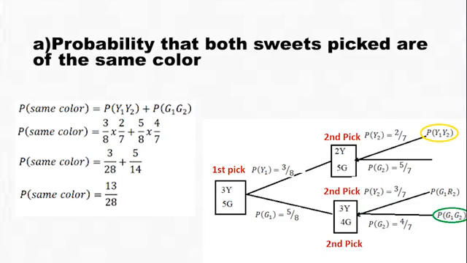Thus, the probability of picking the same color would be 3 out of 8 times 2 out of 7 plus 5 out of 8 times 4 out of 7. We add because of the word "or", since the 2 outcomes are not the same and are said to be mutually exclusive events.